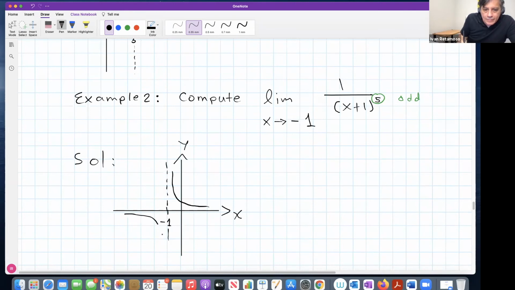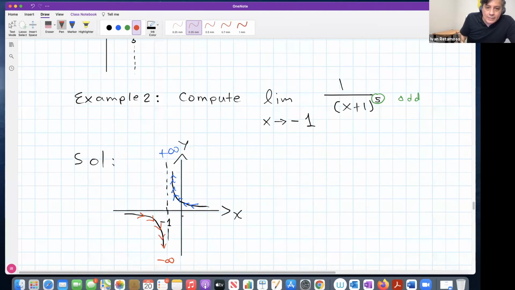There we go. And now I want the limit as I approach -1 from the right. From the right, this is going up to positive infinity. From the left, I'm going to negative infinity output-wise, right?